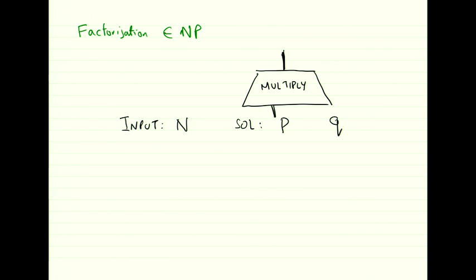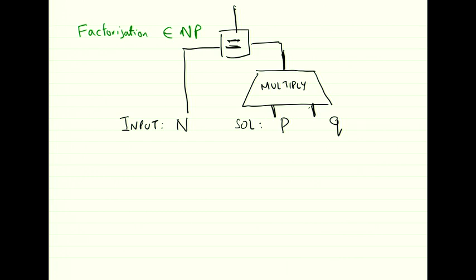So if you take p and q, you multiply it, and then you check if the answer is equal to n. Okay? So that's how a verification algorithm for factorization looks like. I've drawn it not like an algorithm, but like a circuit because we're going towards making circuits.